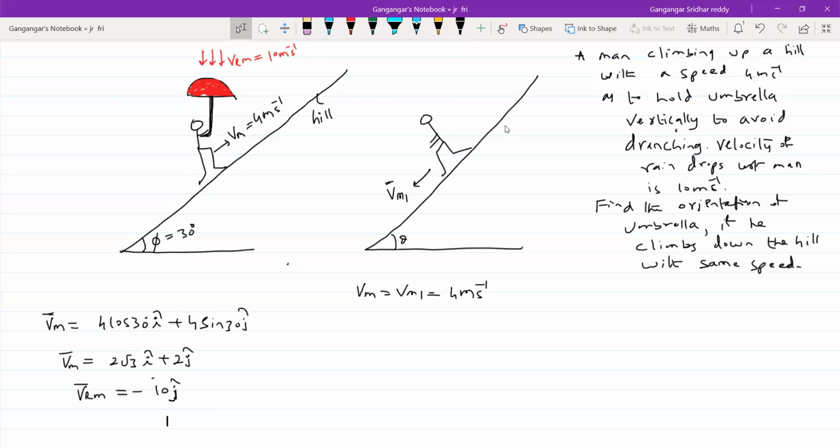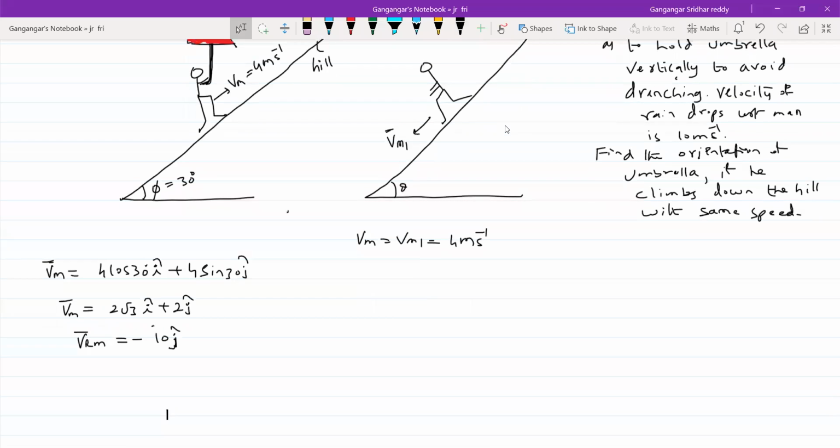Can we calculate VR bar? Yes, it will be quite easy. VRM bar is equal to VR bar minus Vm bar. VR bar, the velocity of rain with respect to ground, is what is needed. So minus 10 j cap equals VR bar minus of 2 root 3 i cap plus 2 j cap.